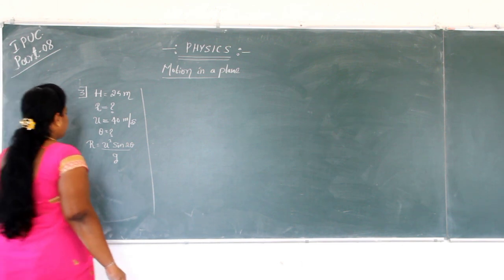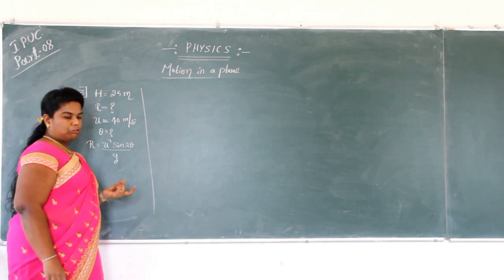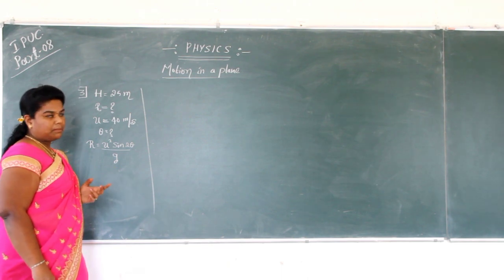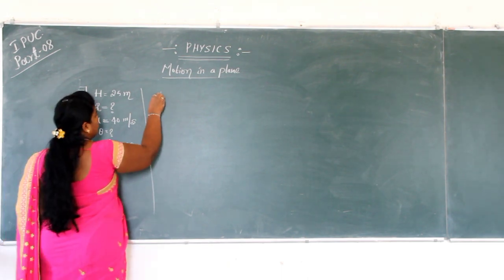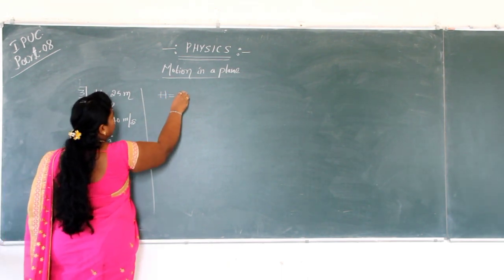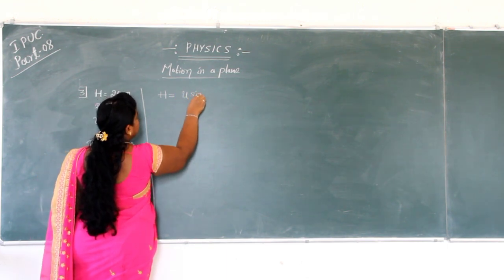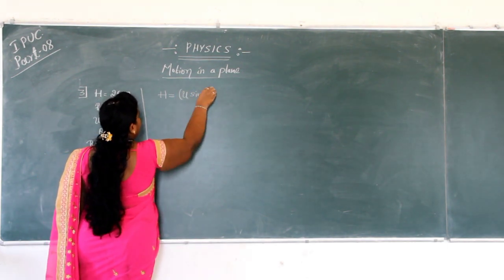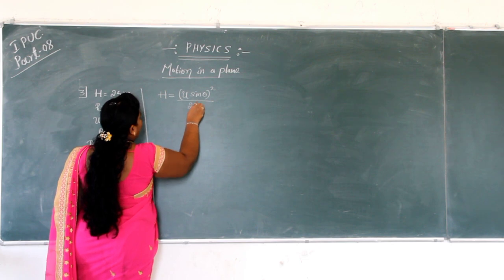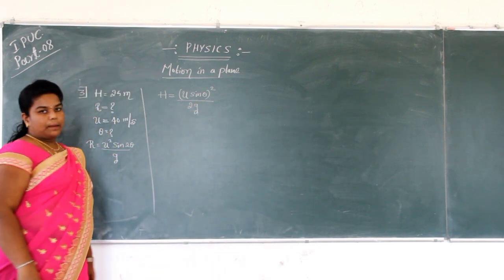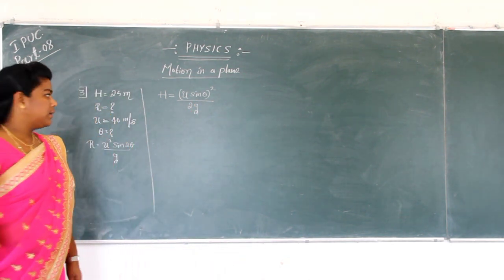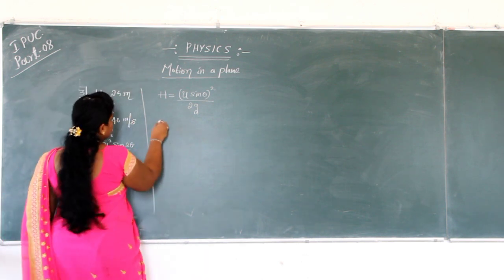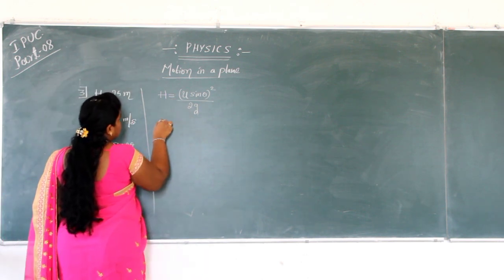First write the formulas we have, then choose which one is suitable. Now I am going to calculate theta. So h is equal to u sin theta whole square by 2g, or u square sin square theta by 2g. Both are right. Now I am going to substitute the values.